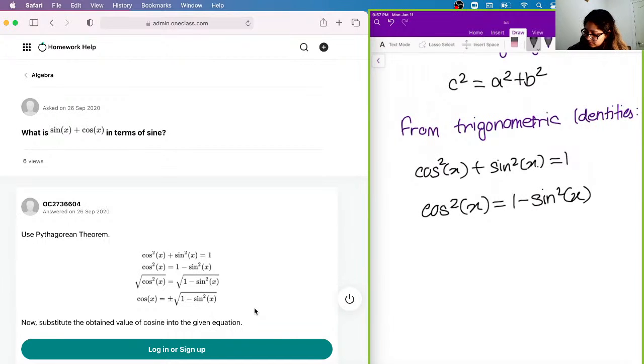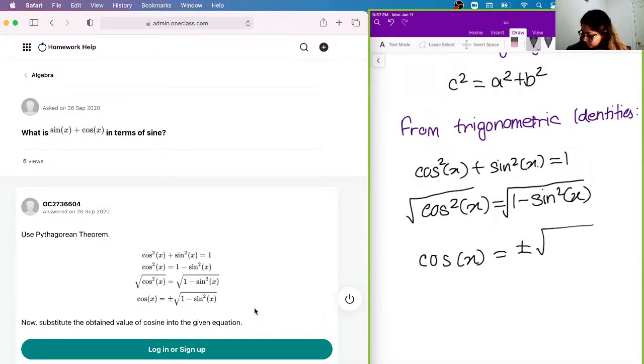And since we want our terms in sine, we have to square root both sides to cancel out the square. So you're left with cos x equal to plus and minus the square root of 1 minus sine squared of x.